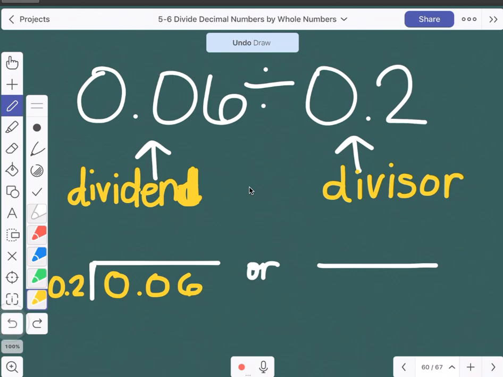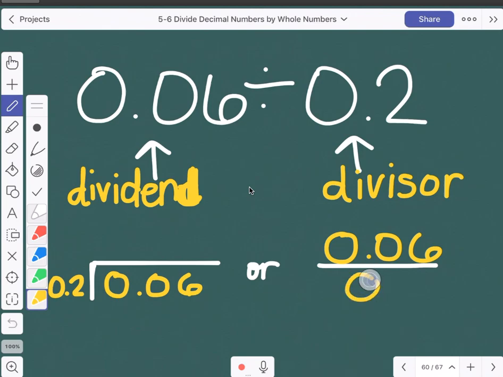Okay, or you could write it as a fraction. And in that case, the dividend is on top. It's the numerator. And the divisor is the bottom, or the denominator. So you have all of this on your paper before I move on to the next slide, or you're pausing right now and you're writing it down.